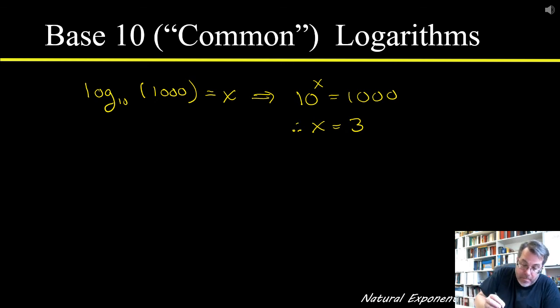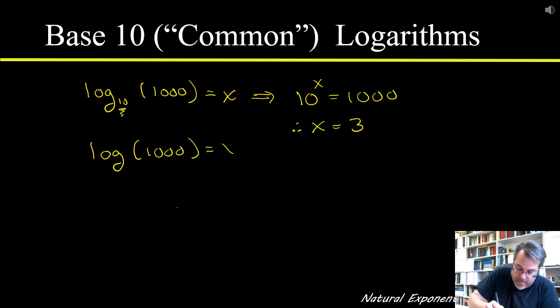Because you come across them so frequently, they're so common, they're called common logs, and for common logs we often leave off that base 10. So anytime that you see a log function that looks like this, and there's no explicit base by the log symbol, you should always assume that it's a base 10 log, right? And so you'd read that, as we just said, as 10 to the x equals 1,000.